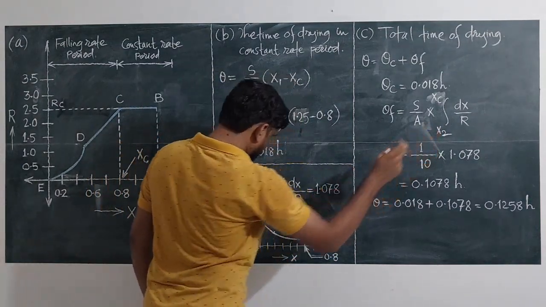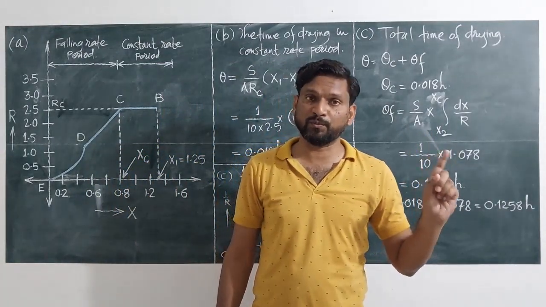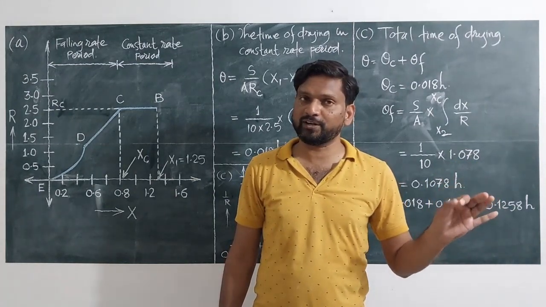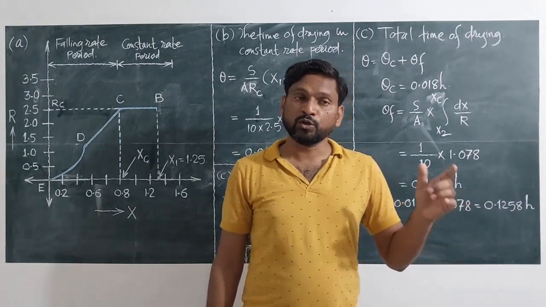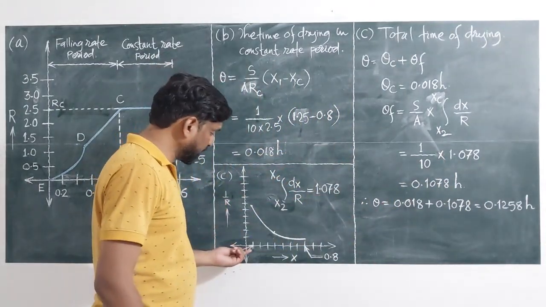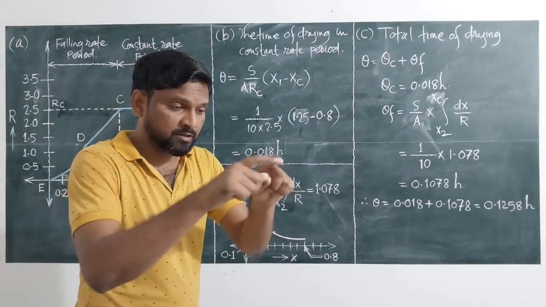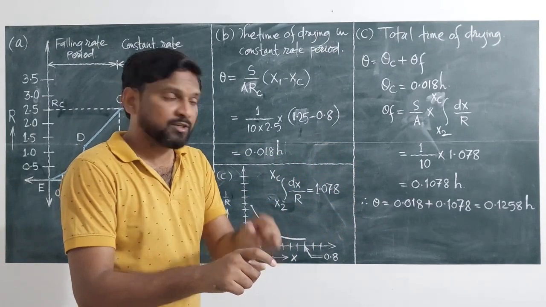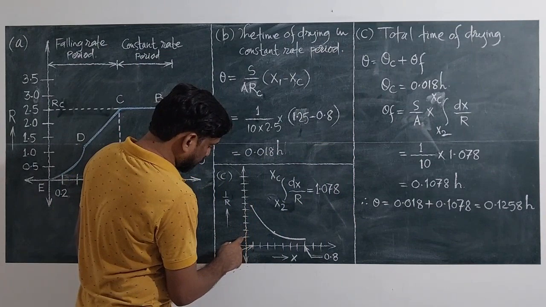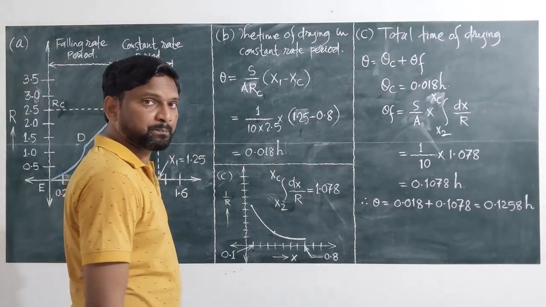Why is the X2 value 0.1? It is given in the problem. X2 is the final concentration of the moisture and it is 10%. 10% means 10 divided by 100 is equal to 0.1. So the 1 by R value corresponding to 0.2, whatever may be there in the calculated sheet, is almost equal to 5.5 something.